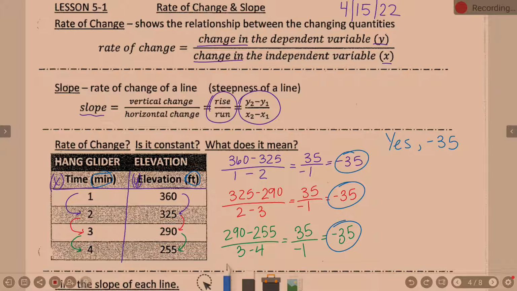And that's what I'm going to write here: the elevation is decreasing 35 feet per minute.